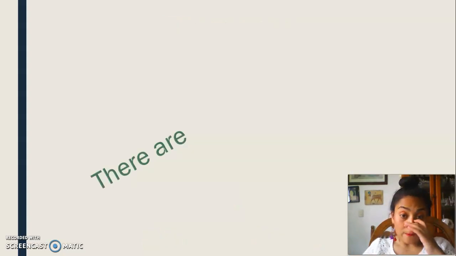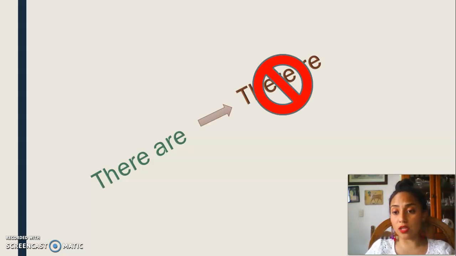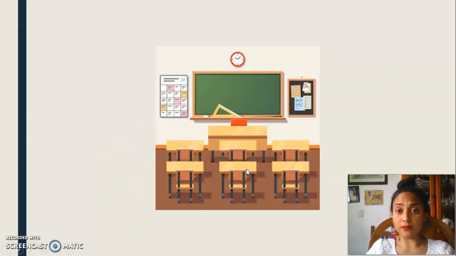So, pay attention. There are cannot be written in contraction. No podemos escribir there are en contraction. Este no tiene forma corta, entonces siempre lo vamos a escribir como there are, ¿ok?